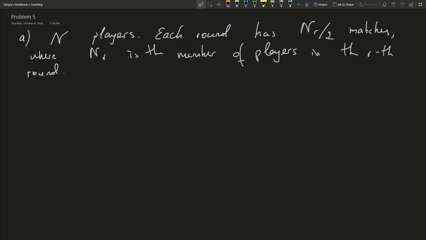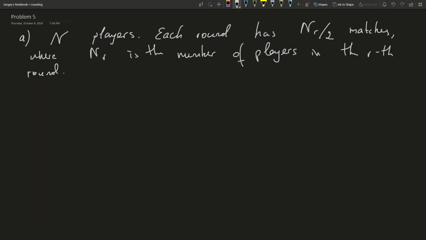Now, we can see that at the end of each round, the number of players gets divided by 2, because only half of the players proceed while the other half get eliminated. And the same happens in the second round, and in the next round. The half that lost gets eliminated, the half that won proceeds.